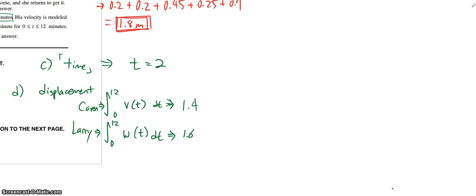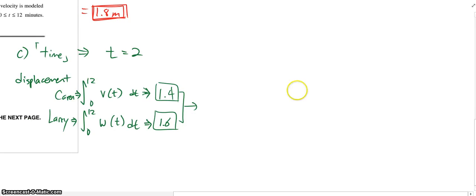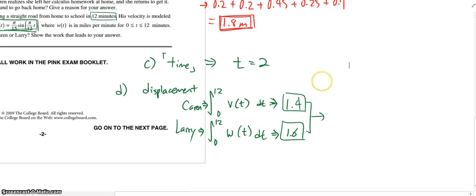So Karen's displacement from her house to the school is 1.4, and Larry's is 1.6. When we compare them, obviously Karen is closer because her displacement is shorter. So Karen is closer. Thank you.